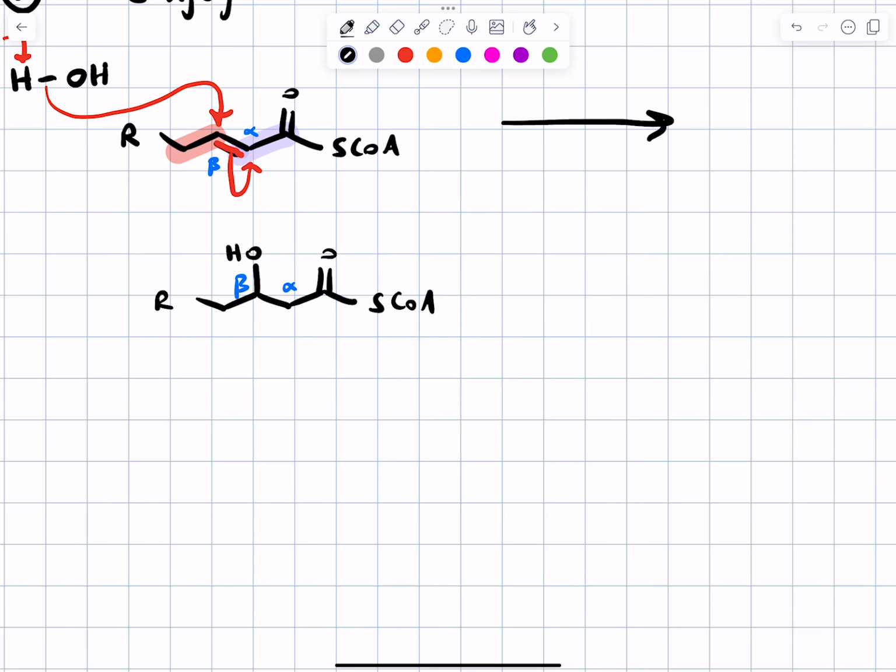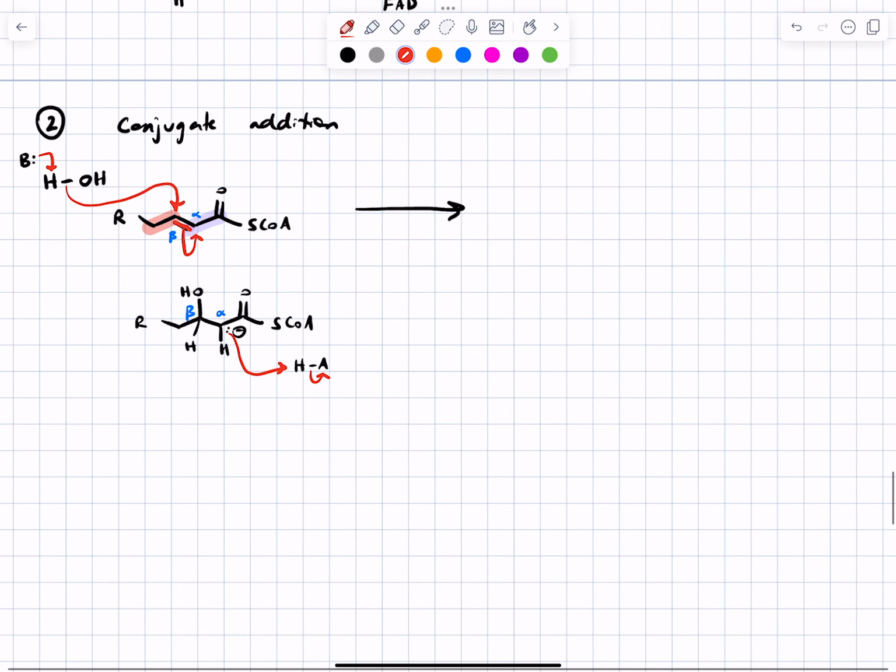Here's the negatively charged alpha carbon enolate, which is then going to pick up a proton from the enzyme or from water, and the product is going to be the beta hydroxy carbonyl compound shown here.